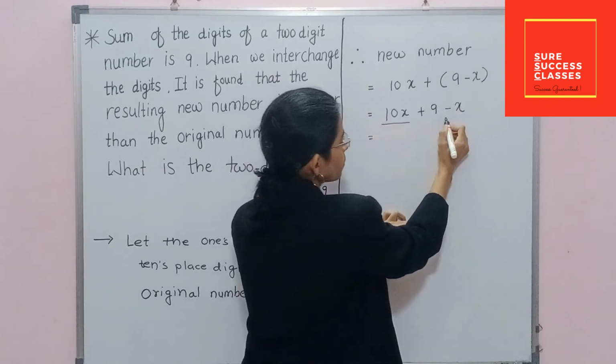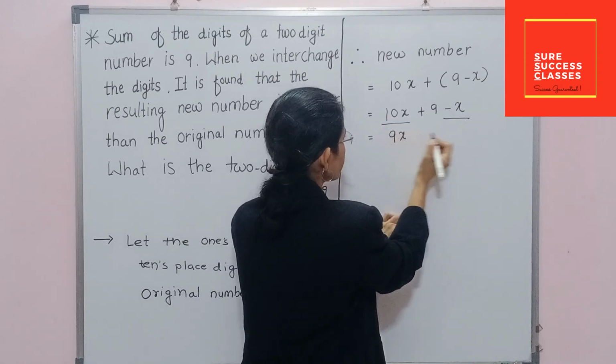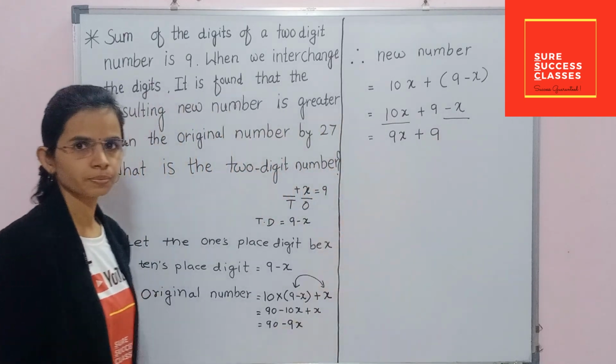Here 10x minus 1x is equal to 9x plus 9. This is the new number.